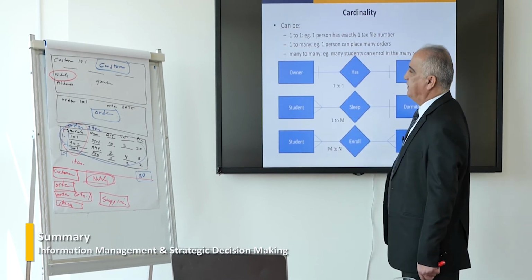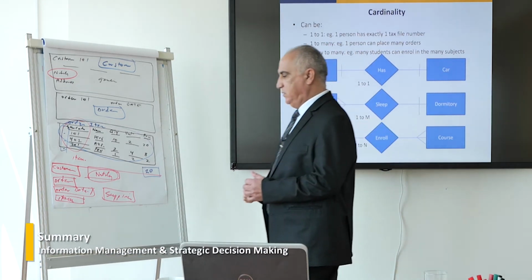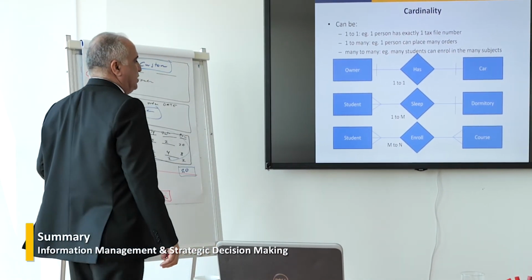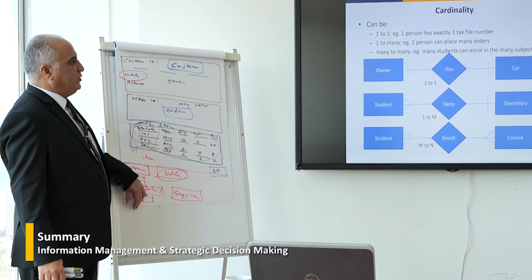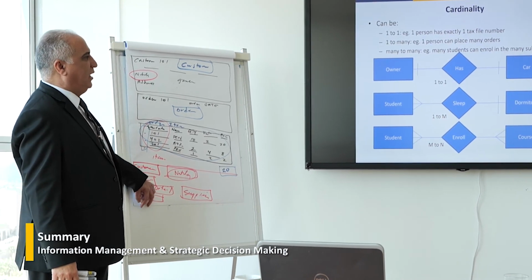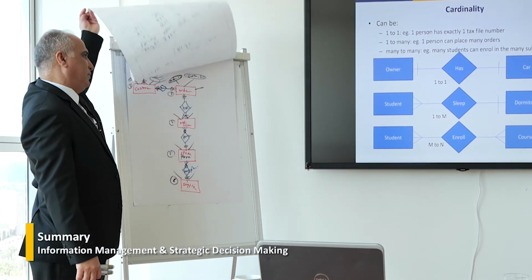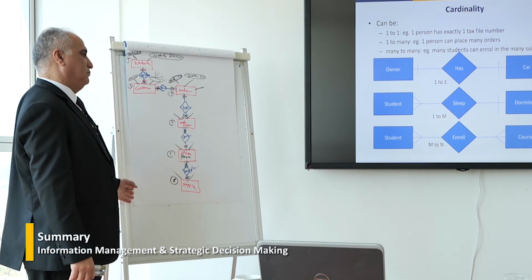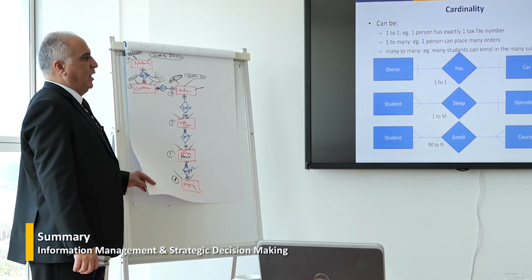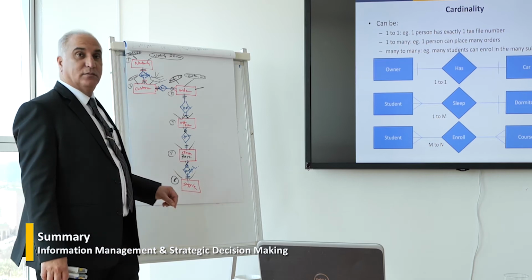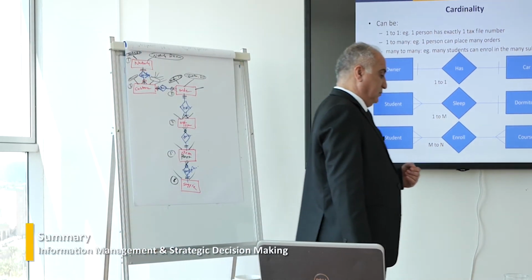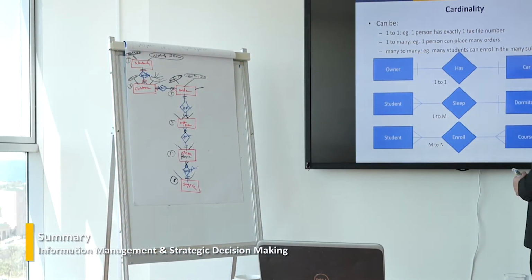We discussed the cardinality: one-to-one, one-to-many, and many-to-many. One-to-one, a person has one car. Many students belong to one major. Many students enroll in many courses.